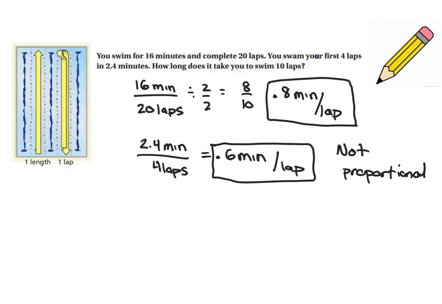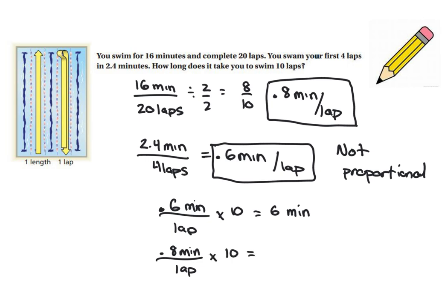If we go with 0.6 minutes per lap, and we multiply that times 10, we would say it would take you 6 minutes. And that's if you continued to swim at 0.6 minutes per lap. But if it took you 0.8 minutes per lap, and we multiply that times 10 laps, you get 8 minutes.